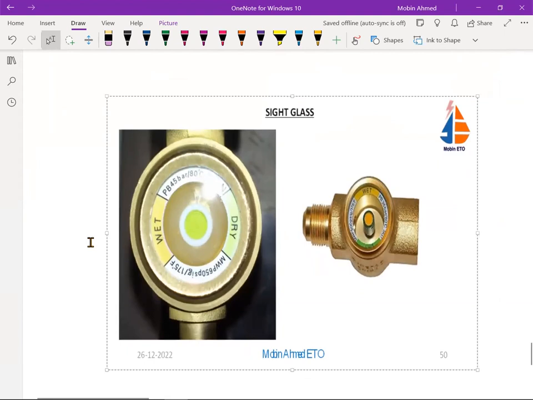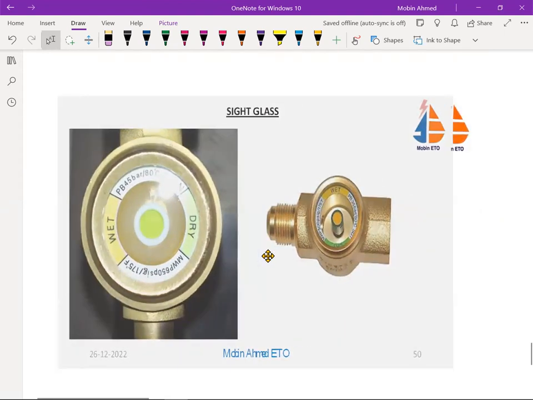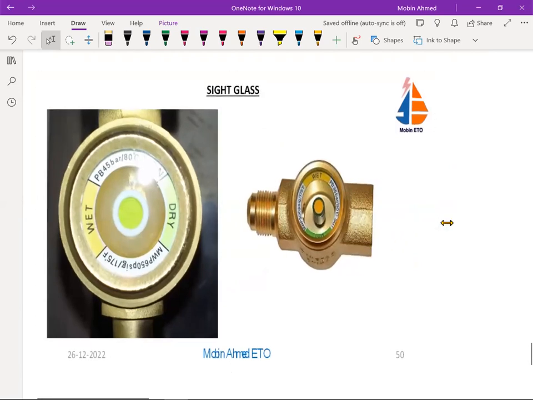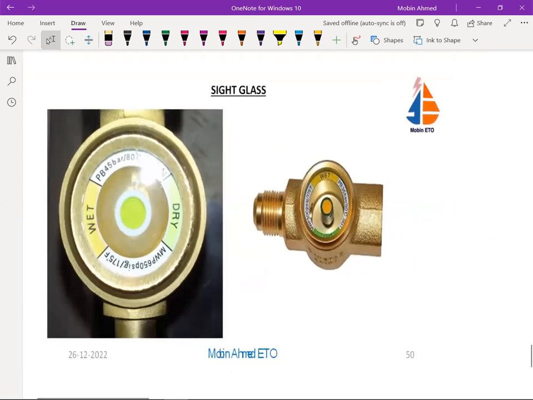Now this side glass is going to tell you two things. The color coding is there, you can see. It says either there is moisture in the system.